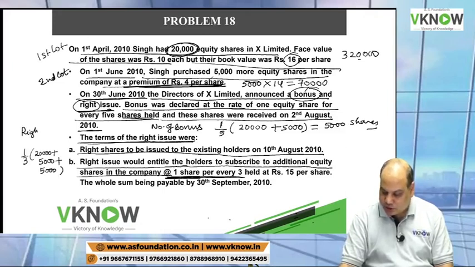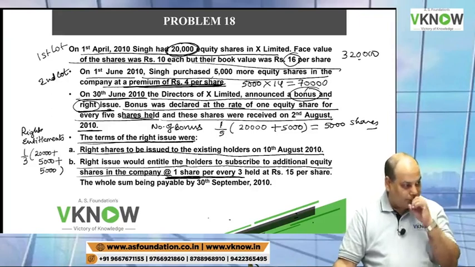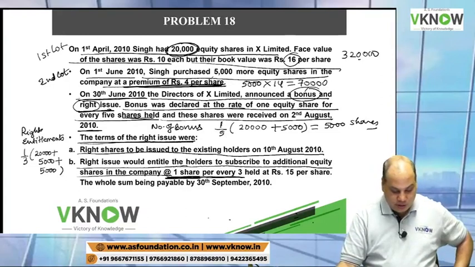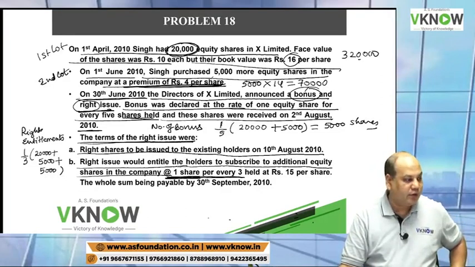So can somebody tell me what is right entitlement? How many rights will be received? 1 by 3 into 20 plus 5 plus 5.